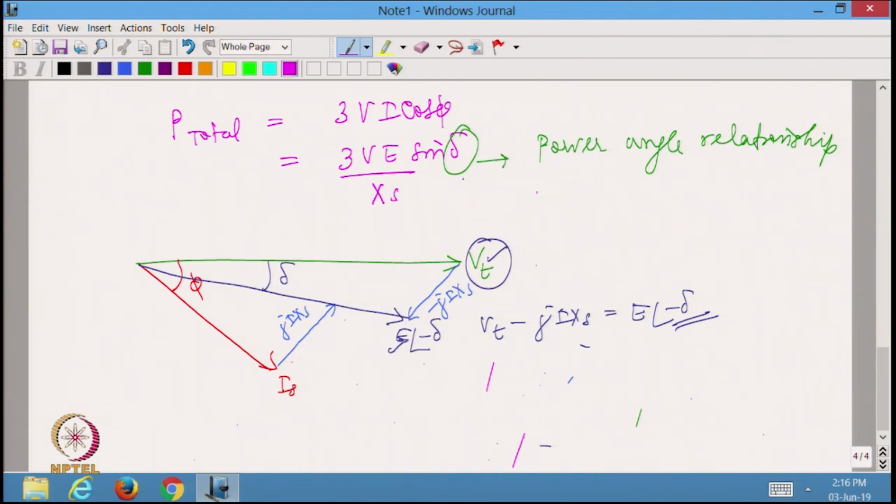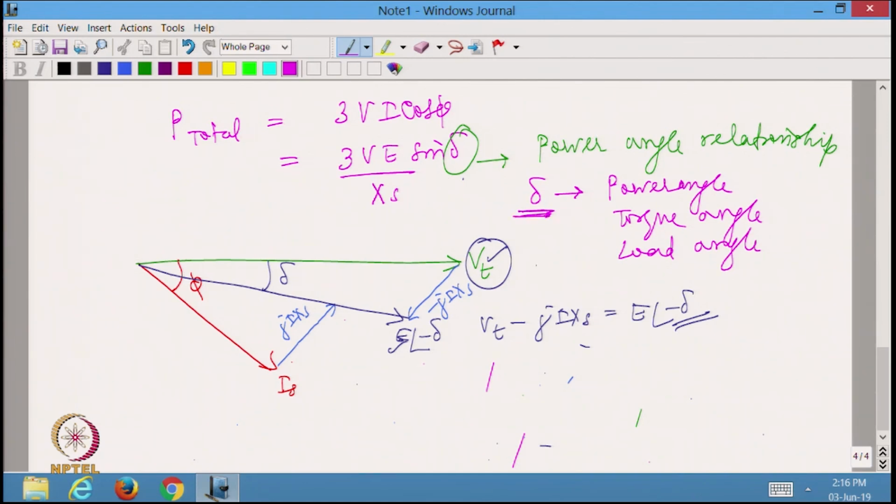So, this delta is generally known as power angle or torque angle or load angle. All of them are synonymous with each other. So, this plays a very vital role in deciding how much is the power delivered either by the synchronous motor in the form of mechanical power or by the synchronous generator in the form of electrical power. So, we are looking at this as a very, very important thing.